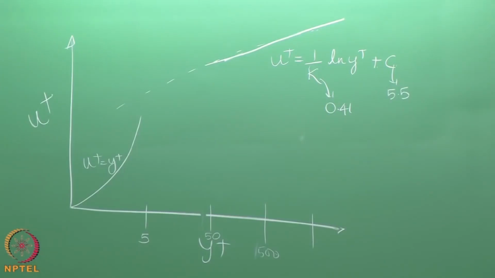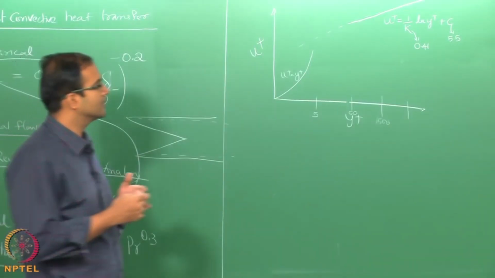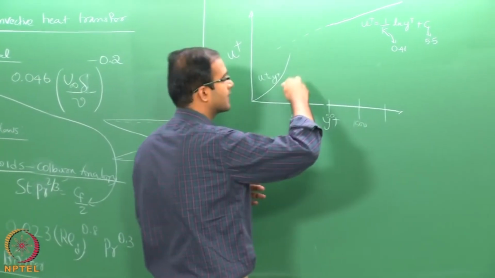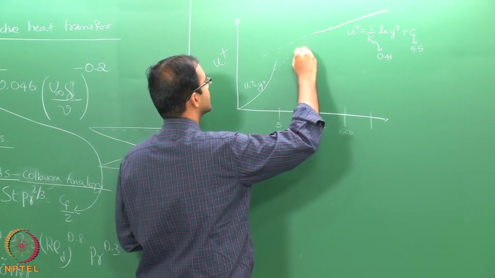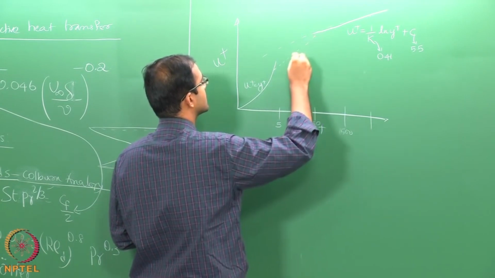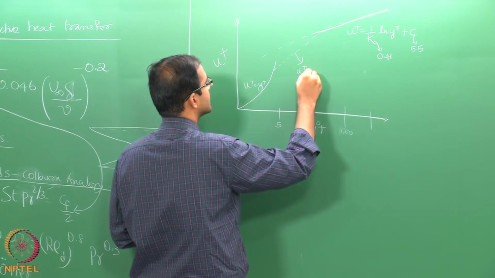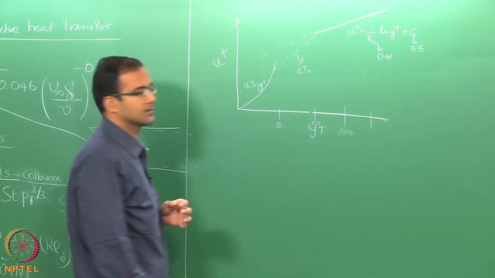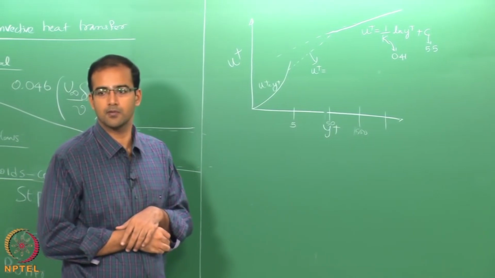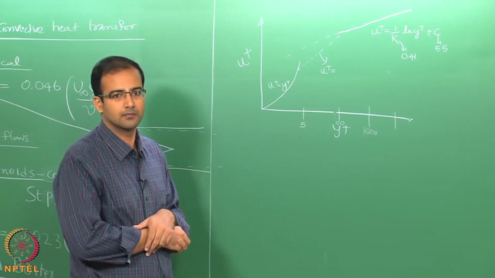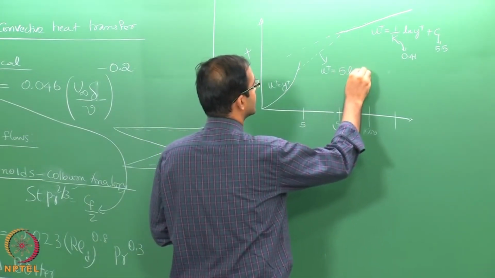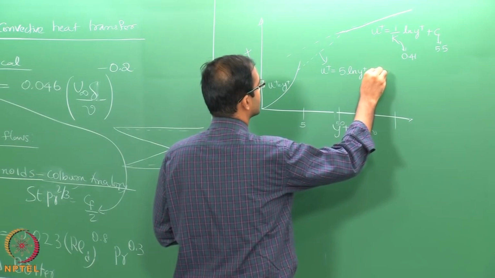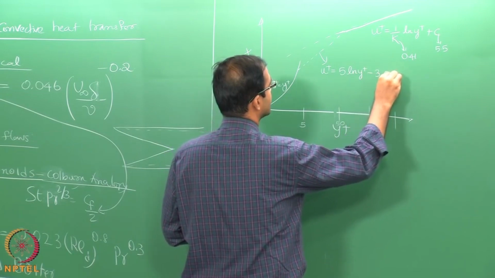Now, also there is a patching layer which has to be connected between the linear and the logarithmic variation, another logarithmic profile. This is called the buffer layer. It is also represented with a logarithmic variation. You remember what the profile is? 5 ln y plus minus 3.05.